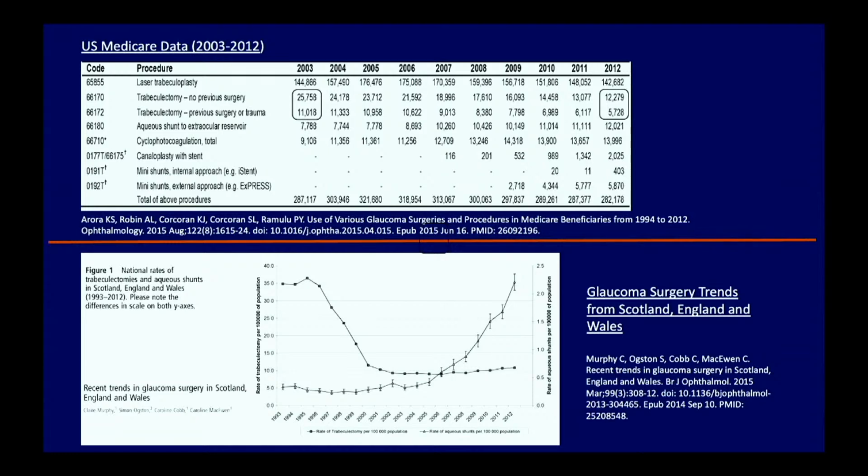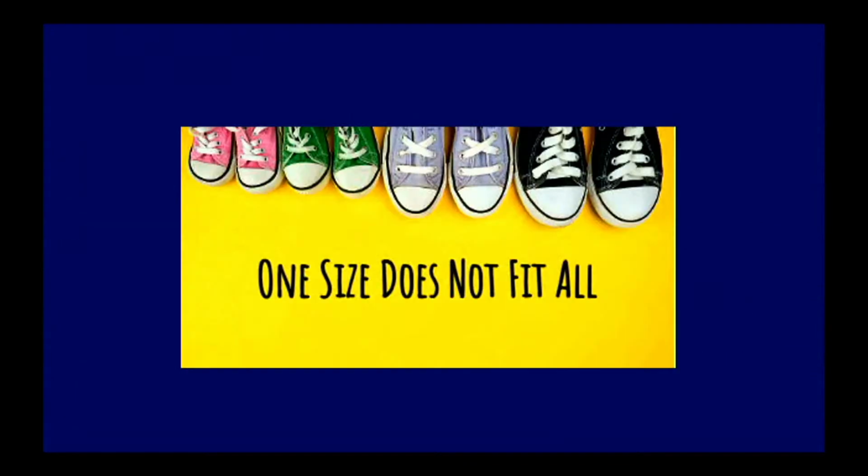That is because of lasers, which are increasing, and also aqueous shunts, which were significantly increasing, especially Baerveldt and Ahmed glaucoma valve. Express and iStents were coming up, but now I think they are looking at the data again. It's still not published, but I had a look and it's totally different now. There are no more trabeculectomies now.